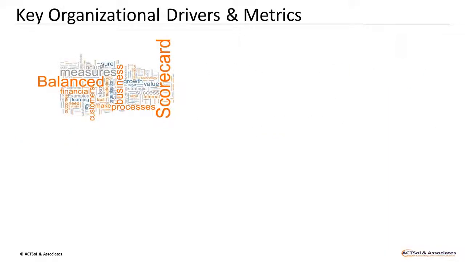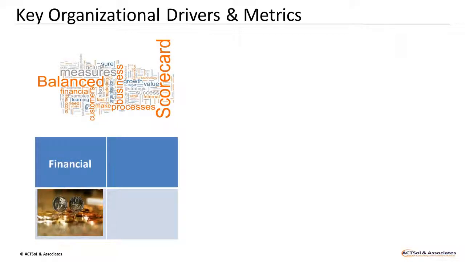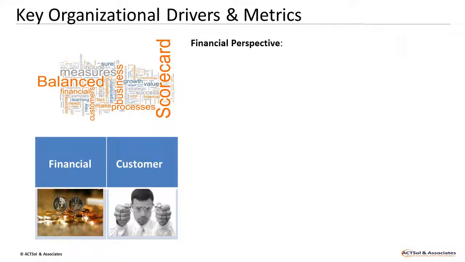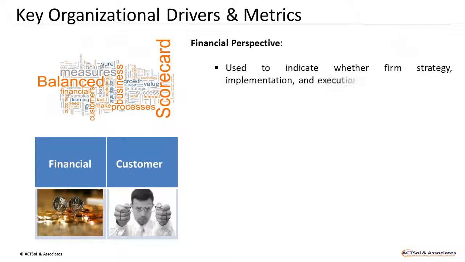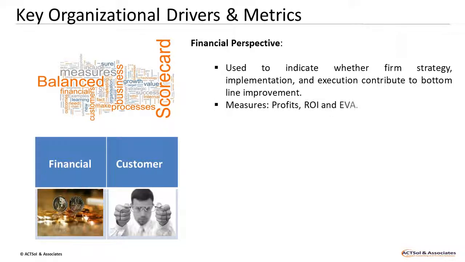Let us learn about the first 2 perspectives here, the financial perspective and the customer perspective. Number 1, the financial perspective. This is used to indicate whether firm strategy, implementation, and execution contribute to bottom line improvement. Measures generally used here are profits, the return on investment, that is ROI, and economic value added, that is EVA.